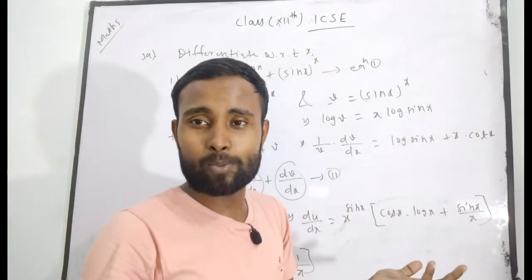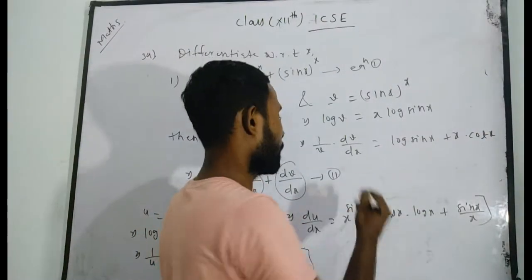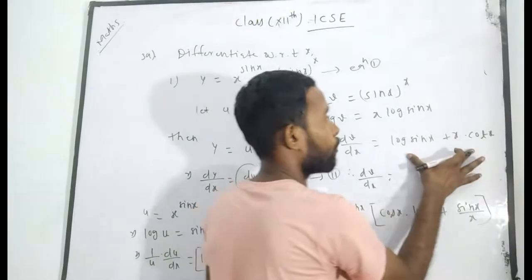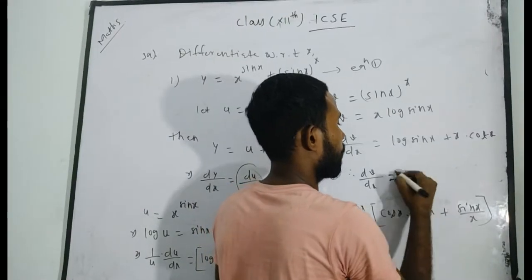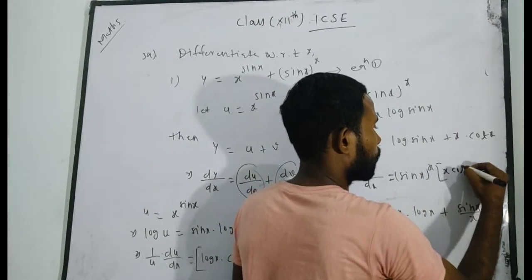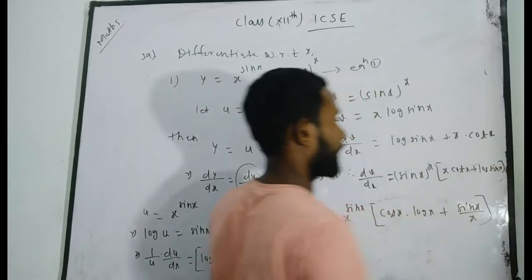Again differentiate sin x with respect to x, you will get cos x. Cos x upon sin x will be cot x. So dv/dx is equal to v times whole expression. What is the value of v? Sin x whole to the power x into whole expression. You can write here x into cot x plus log sin x.